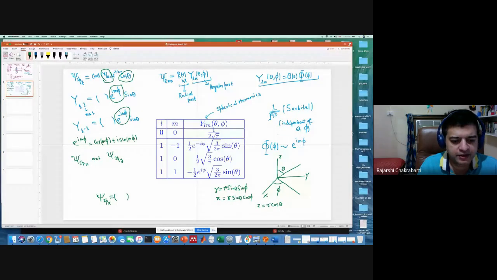Some constant, you do not remember, okay? But you should have exponential of minus r by a0 kind of thing from the radial part. And then you will have, I told you that, if it is x, then it has to be this.